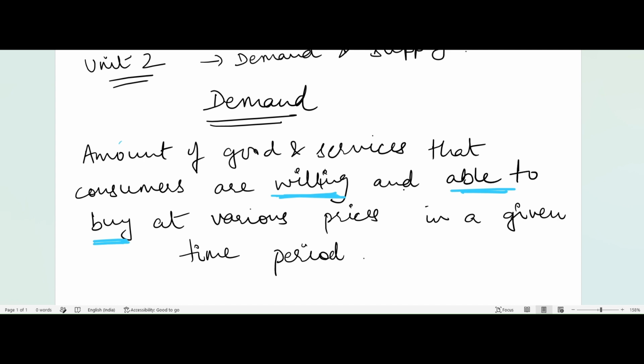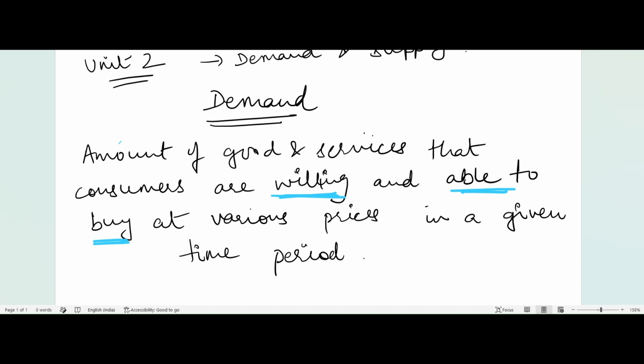And if it's the other way around, I have the budget to buy a Corvette, so I'm able to buy it, I have the income, but I don't want to buy a Corvette because I don't like it, let's say. In that case also, it will not be counted as demand. When both of these things are satisfied, only then we count that as demand from a market perspective.